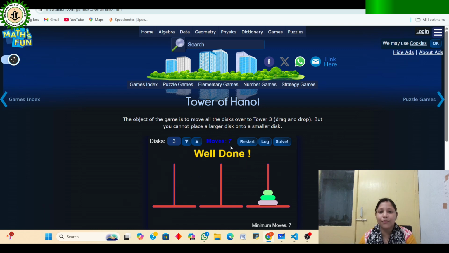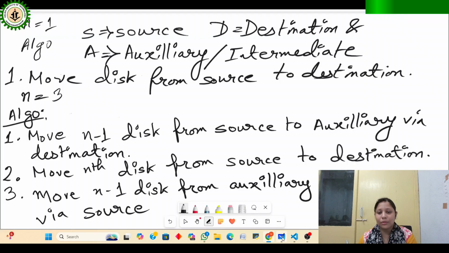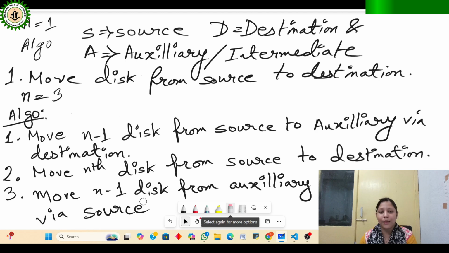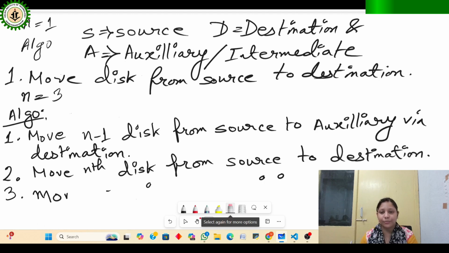See, now the number of moves is 7. So this is the basic algorithm of Tower of Hanoi.